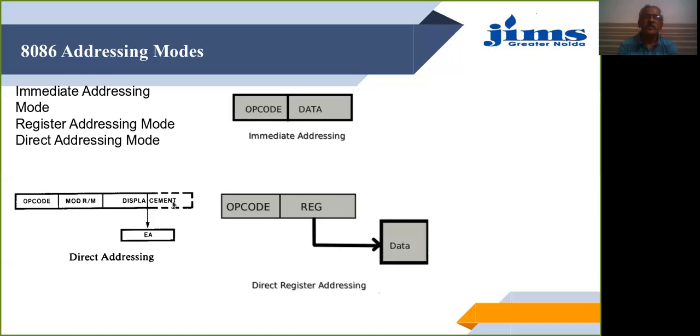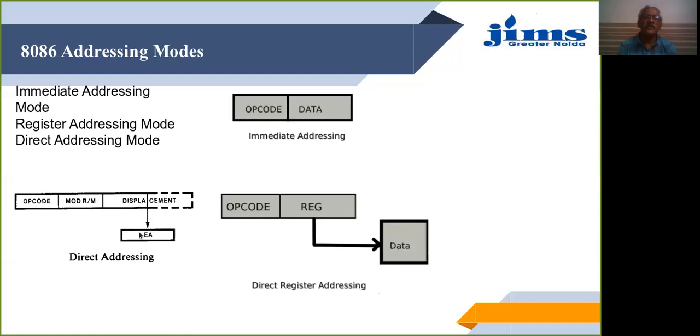So here, if the displacement is 2 bytes, the operation code is 1 byte, and the mode and mode selection is 1 byte, this itself becomes 4 bytes. Now, with this being the format, whatever the displacement is here, the displacement represents the effective address.